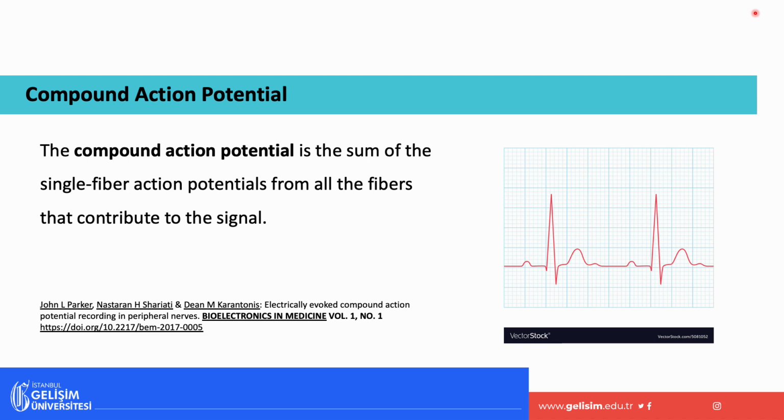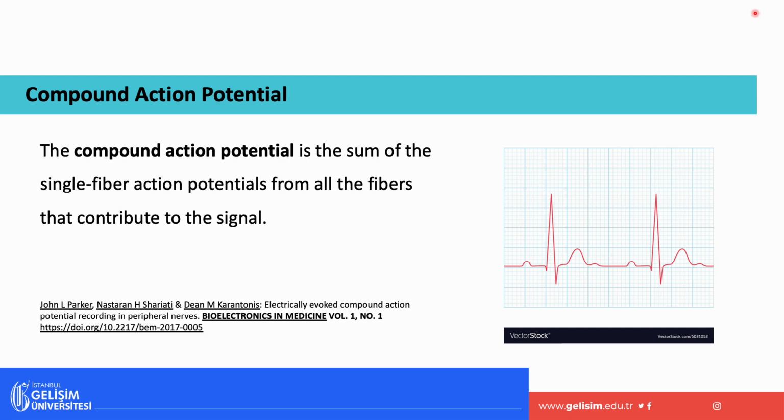These individual action potentials sum together to produce a larger electrical signal, which can be measured as the compound action potential. Now, the amplitude and the shape of the compound action potential depends on several factors, and this includes the number and size of neurons in the group, the strength and duration of the stimulus, as well as the distance between the electrodes that are used to measure the signal.